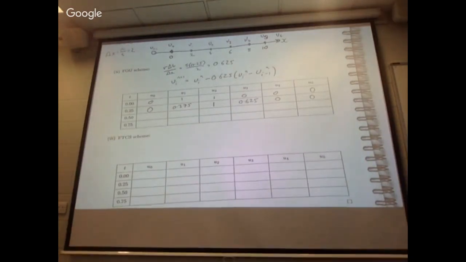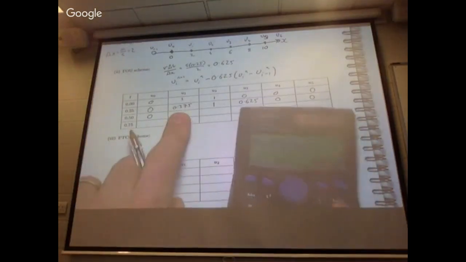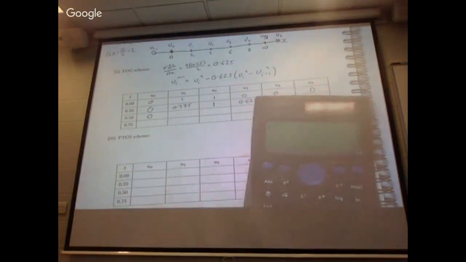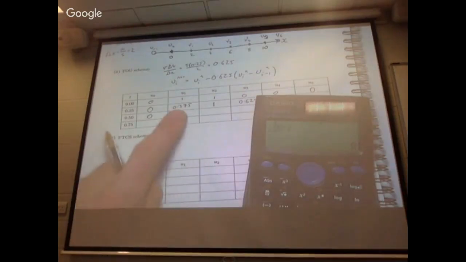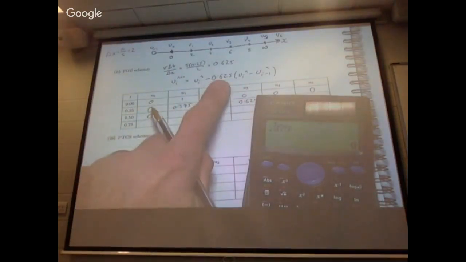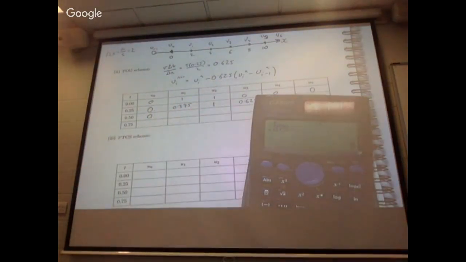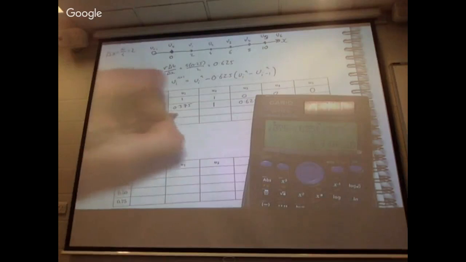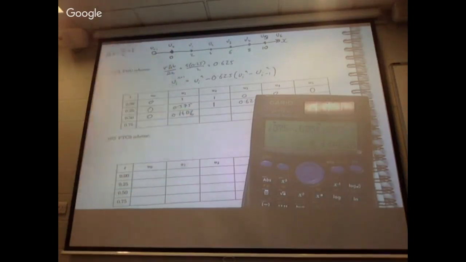Go for the next one. Well, that's going to be 0 again. So here we've got this one, which is 0.375 minus 0.625 times 0.375 minus 0. That's 0.1406. Okay, keep going.